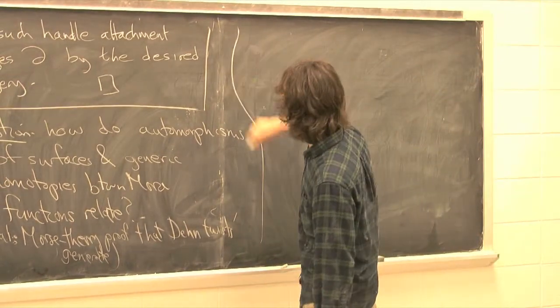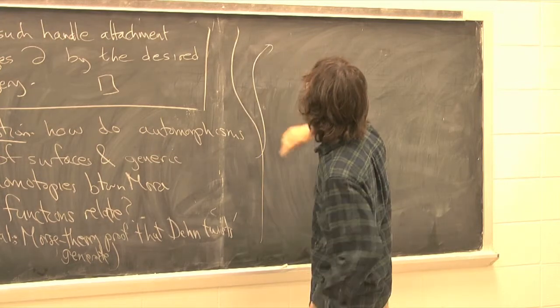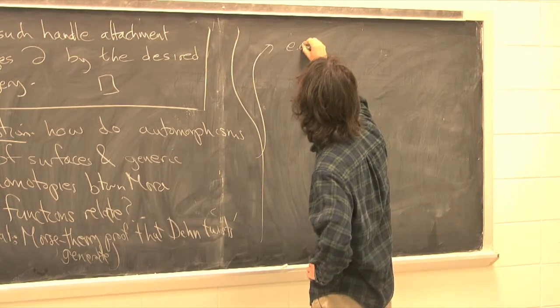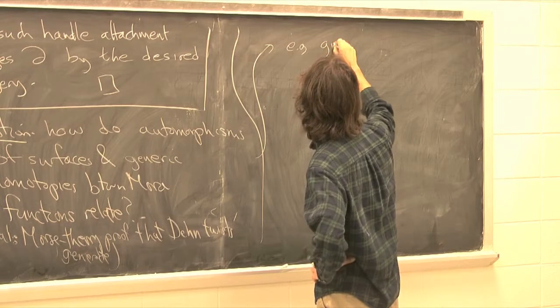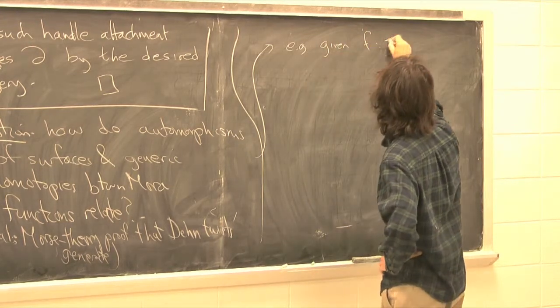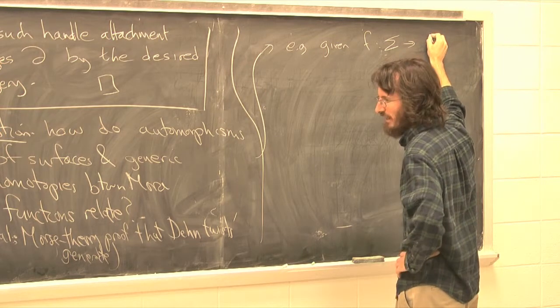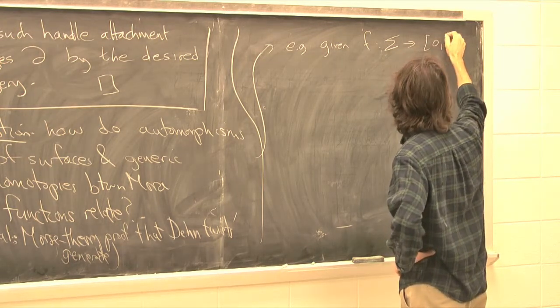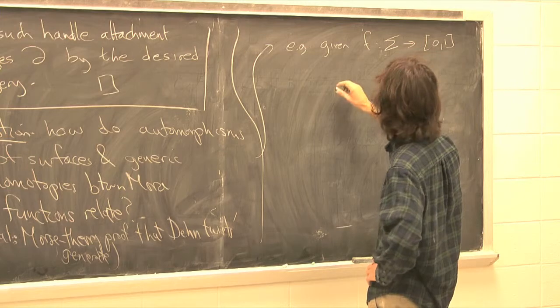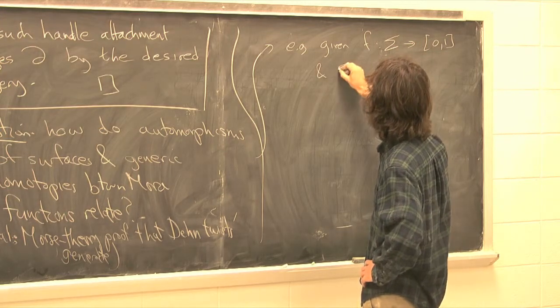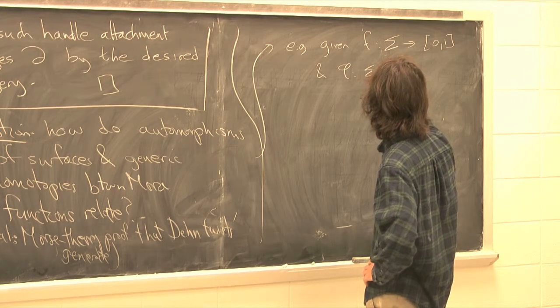But the idea here is that suppose, e.g., given some Morse function f from the surface, maybe it's a surface with boundary or not, let's make surfaces with boundary at the moment, and then some phi from sigma to itself.